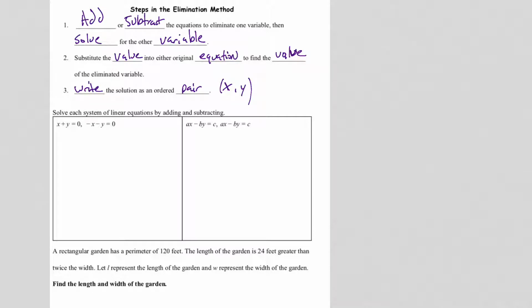So if we have x plus y equal to 0, and then minus x minus y equal to 0, what happens when I add them together? Well, you get 0 minus 0 equals 0.